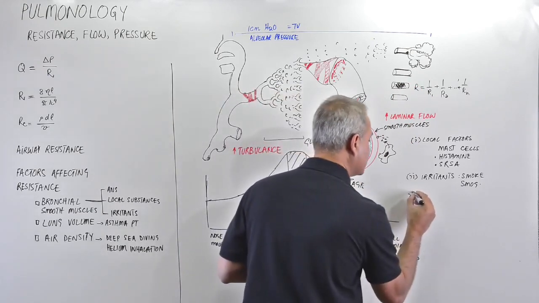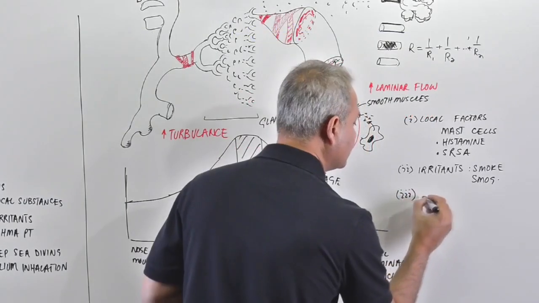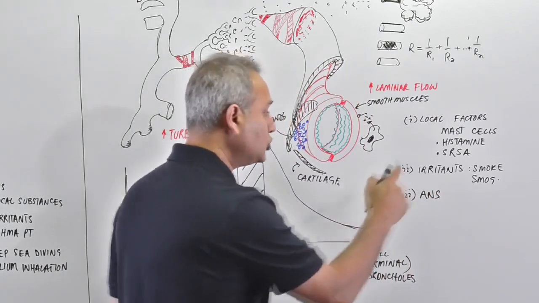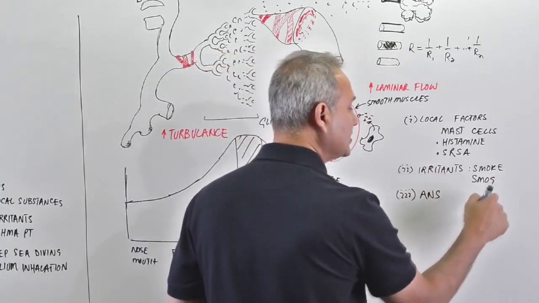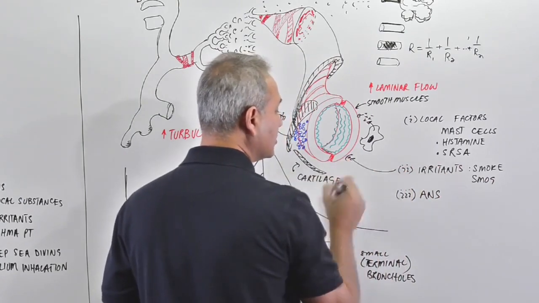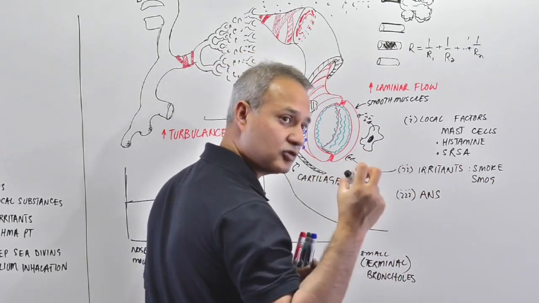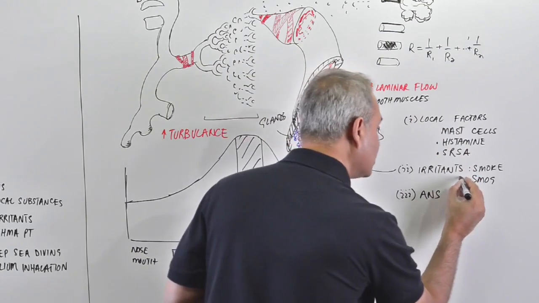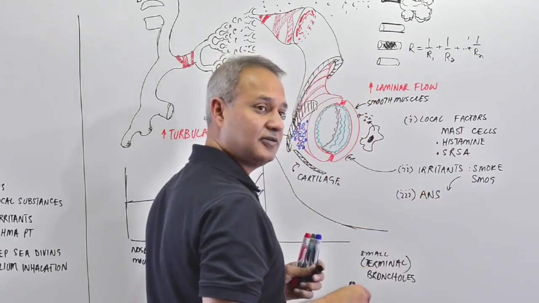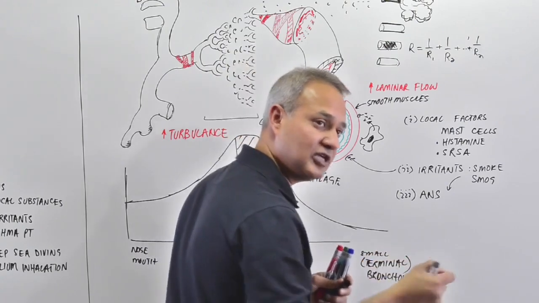Then, most important, the autonomic nervous system. Do you know that these irritants work in two ways? One is that they directly act on the smooth muscles and cause them to constrict. Second, they act on the parasympathetic nervous system and increase its stimulation as well.